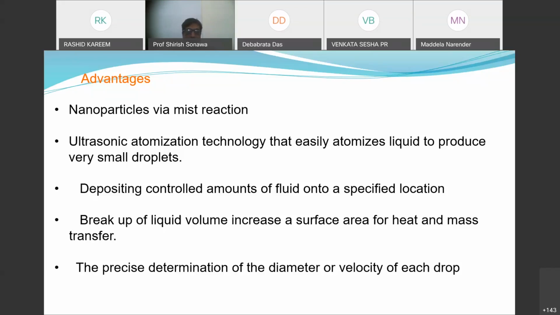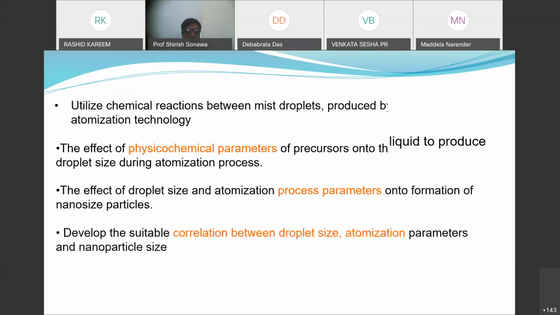So it is very important that overall things depend on the droplet size for nanoparticle shape and structures. We need to see which important parameters are going to affect the nano size production using this atomization methodology.